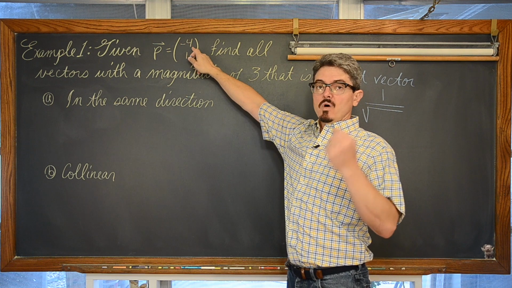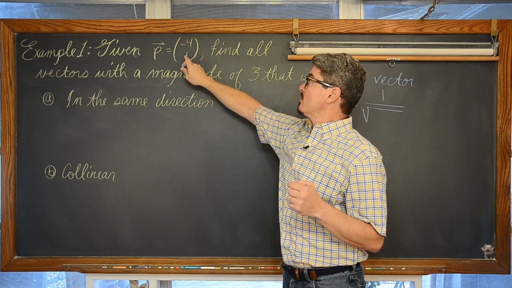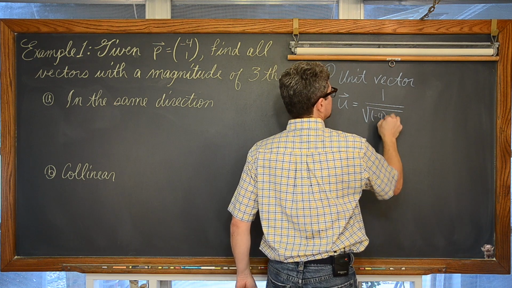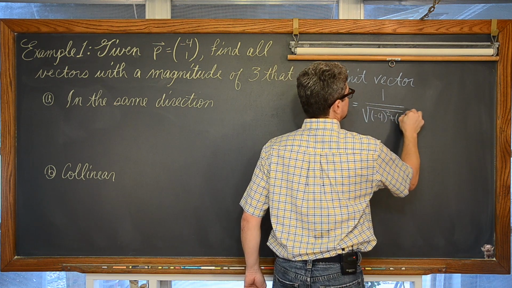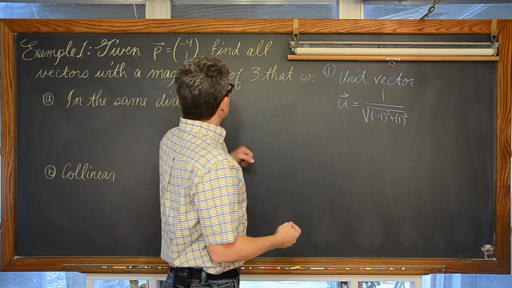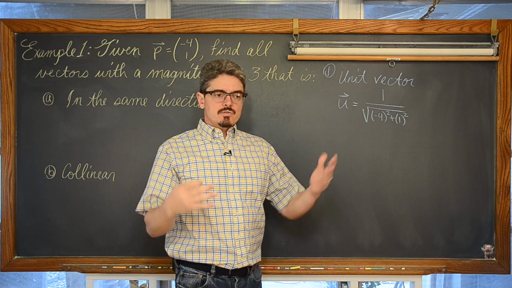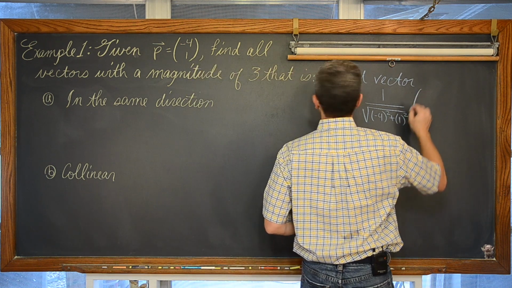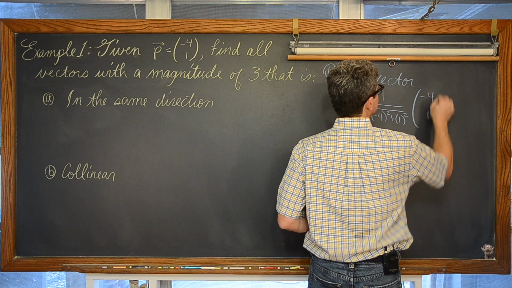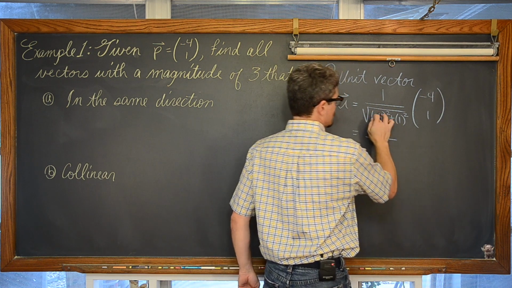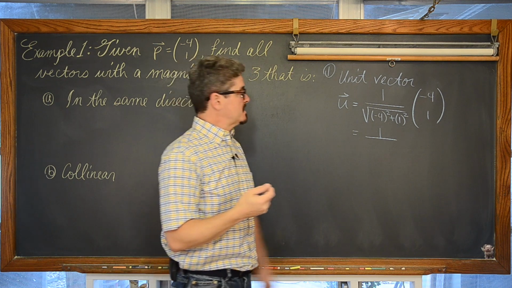So it's going to be 1 over the square root of (-4) squared plus 1 squared. That's going to set up our scalar multiple that reduces the length of this vector, whatever its magnitude is, down to a magnitude of 1.